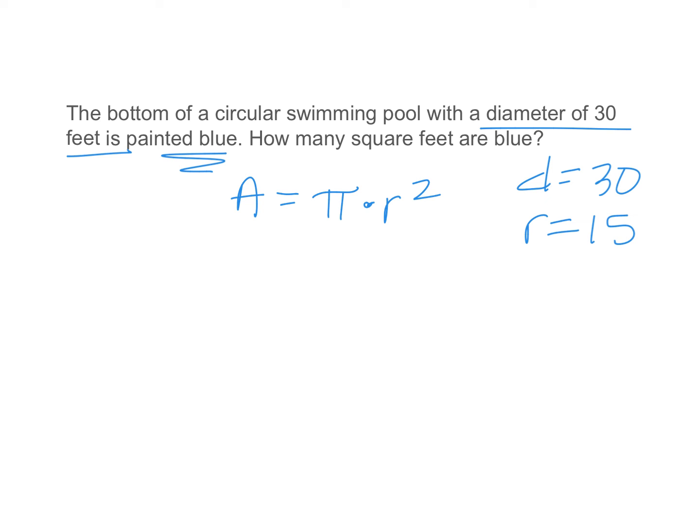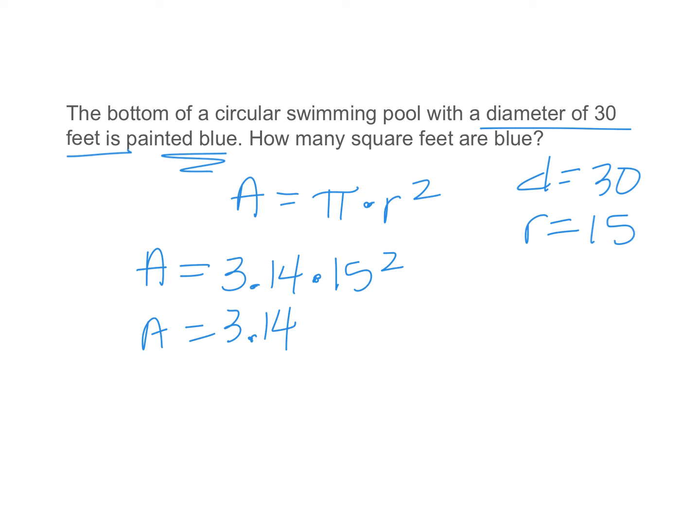And now I'm ready to put that into my formula. So A equals 3.14 times 15 squared. So if I'm doing this in my calculator and I'm not sure what 15 squared is, I'm going to do 15 times 15, or I can use the squared button, either one. 15 times 15, then I'm going to hit enter, just so that I don't get confused.